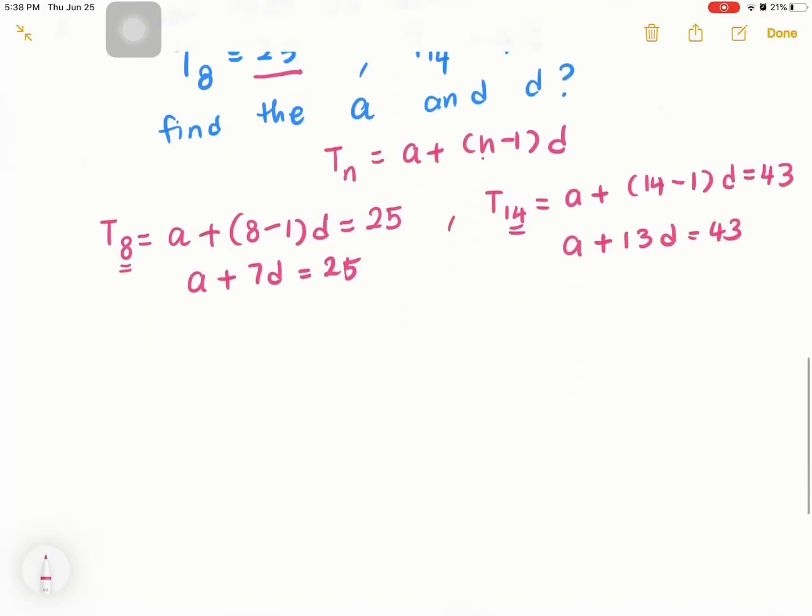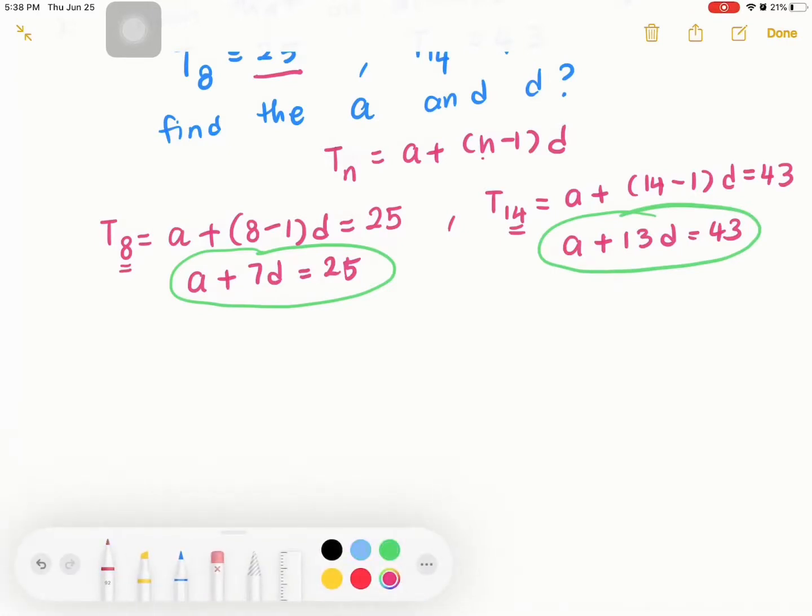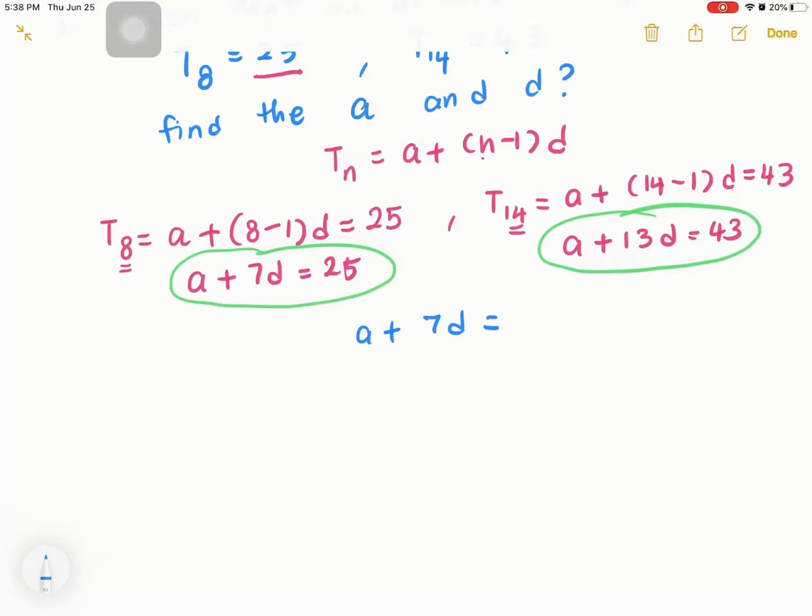Now, by using these two equations, A plus 7D equals 25, A plus 13D equals 43, we have two simultaneous equations. So we make this as 1, this as 2, and we do simultaneous equations.